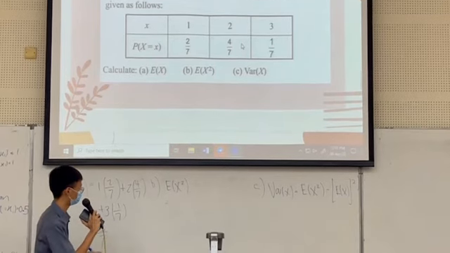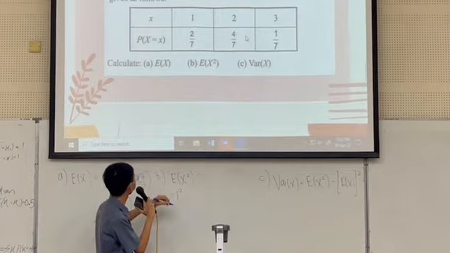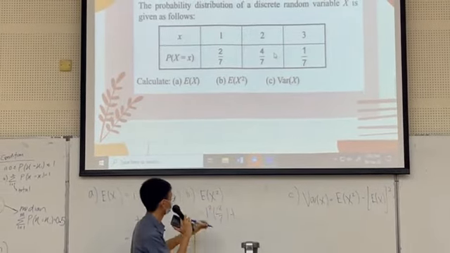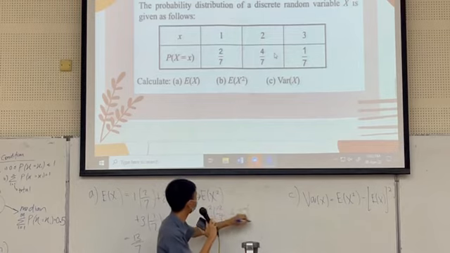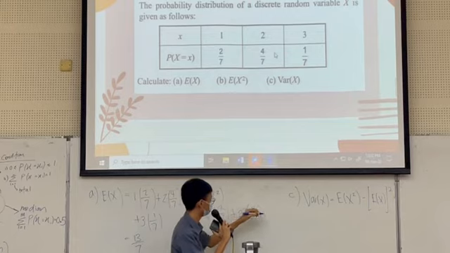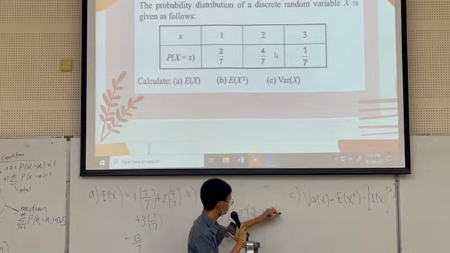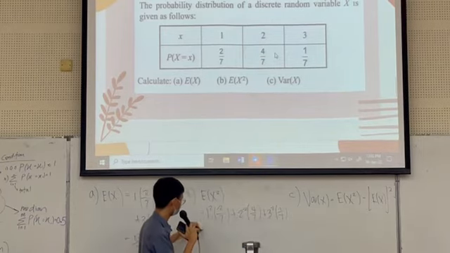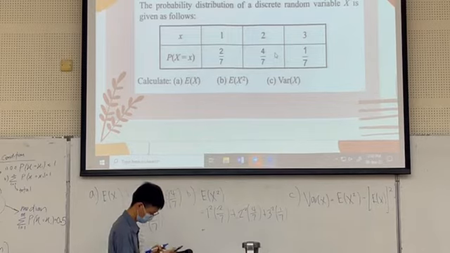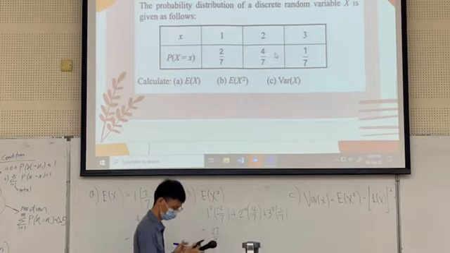So now we have 1 to the power of 2 multiplied by 2 over 7, and sum 2 squared multiplied by 4 over 7, and it is the same for x equal to 3. So we will get E[X squared] equals 27 over 7.